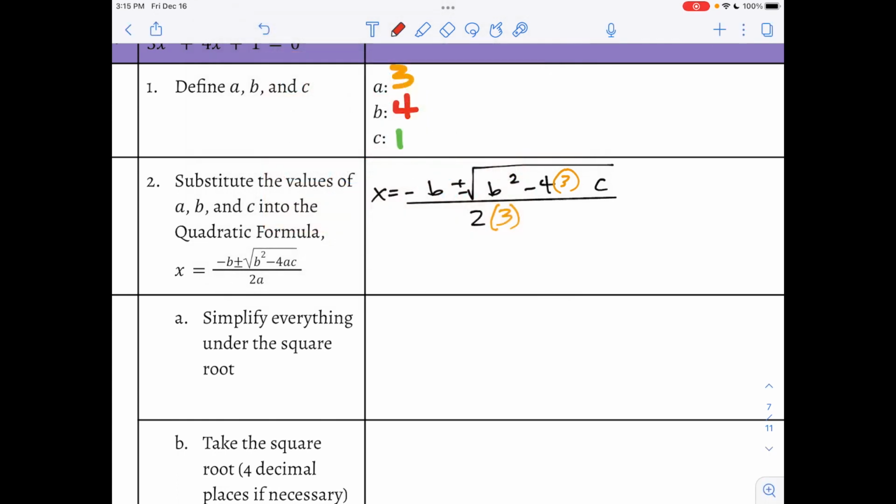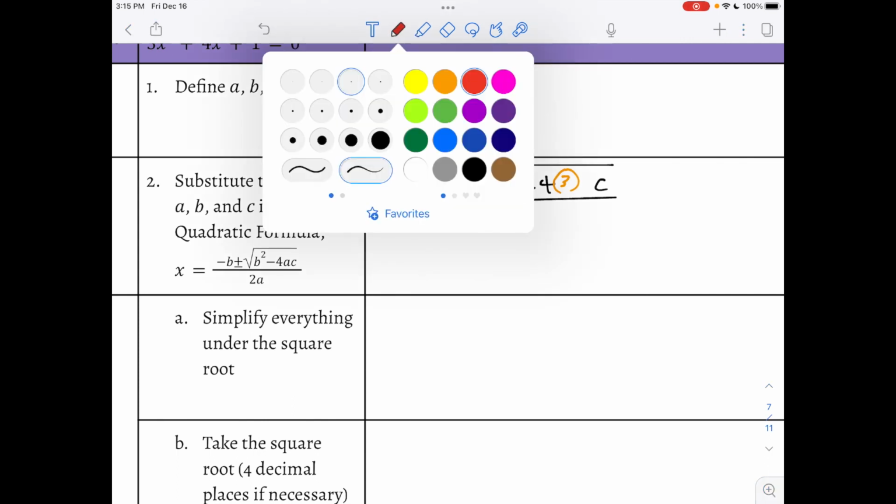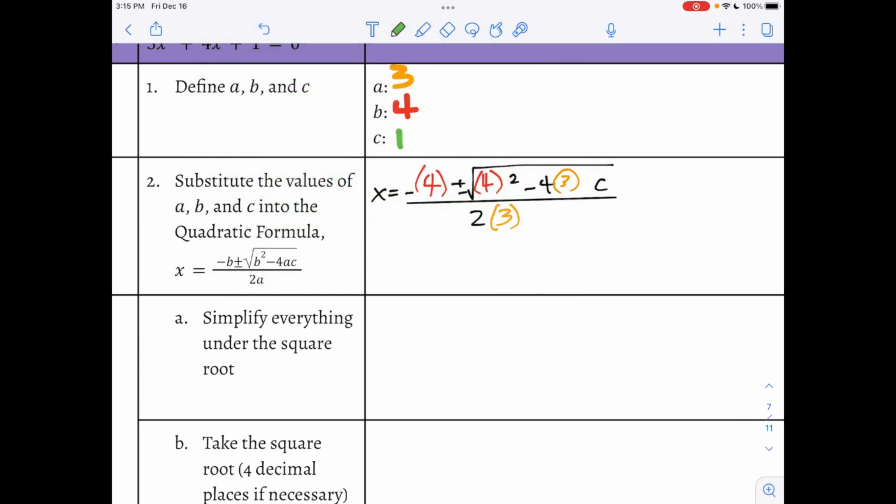Our b's we're going to replace with 4. And our only c we will replace with 1.